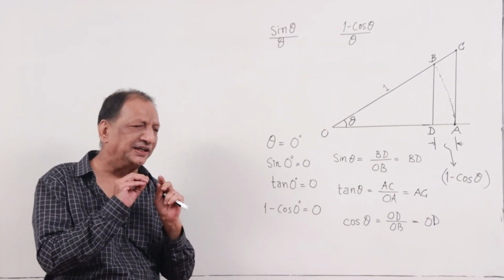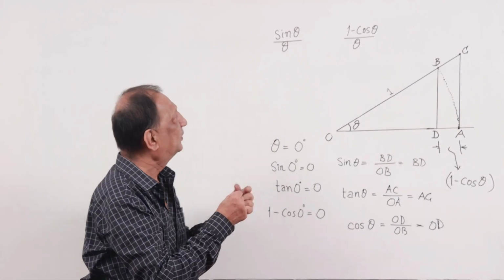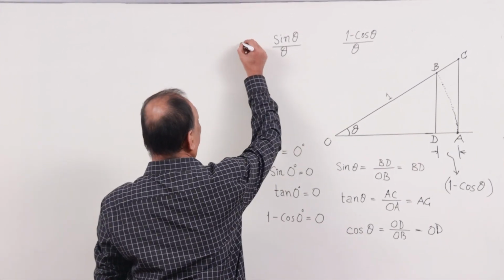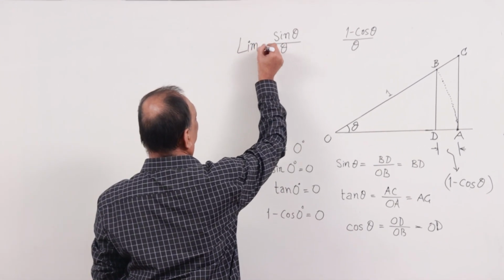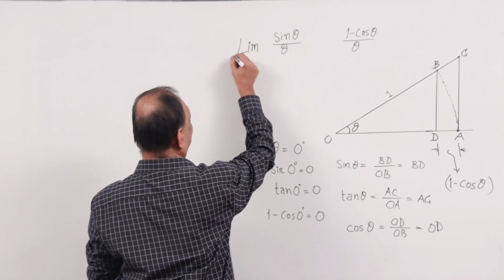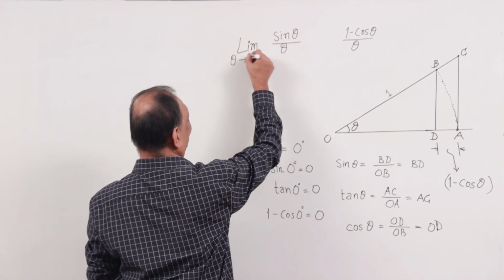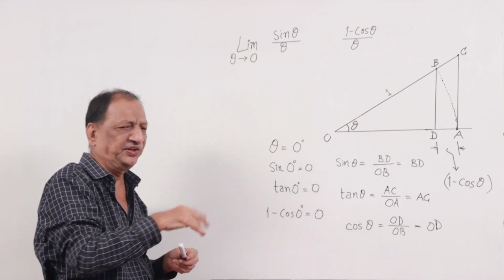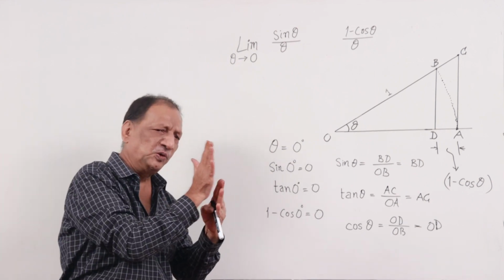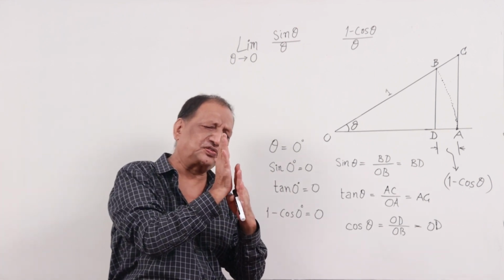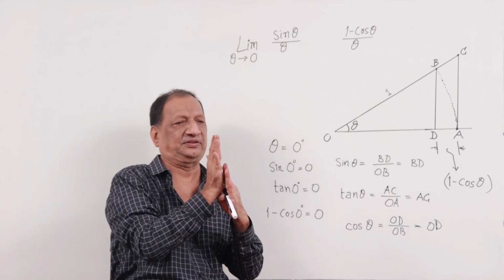We can only look at it as limits. I am interested in the limit of sin theta by theta as theta tends to 0. Theta won't reach 0. It won't touch 0. But it can approach 0 as closely as you want.